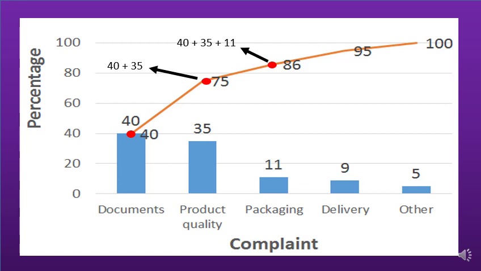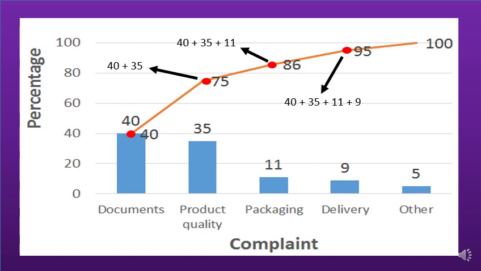Our next dot, above delivery, so 95, where we would have calculated that. So all the previous percentages, 40 plus 35 plus 11 plus 9. And it means in total 95% of the complaints are due to those first four categories. So documents, product quality, packaging, and delivery.